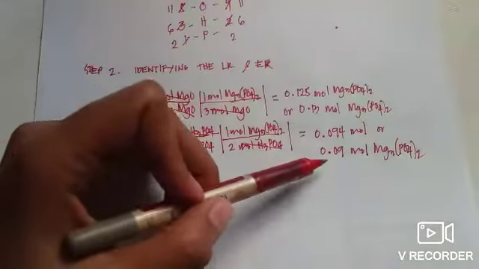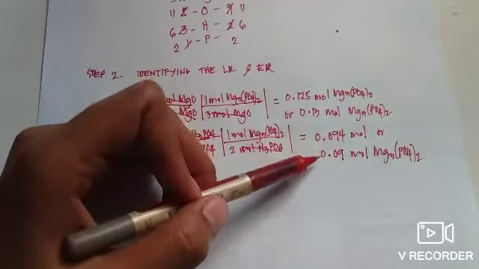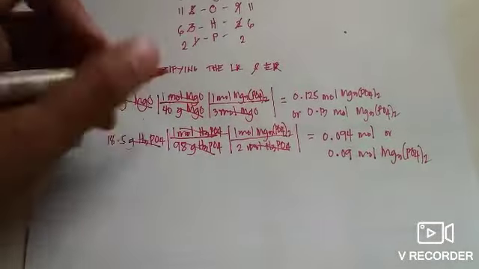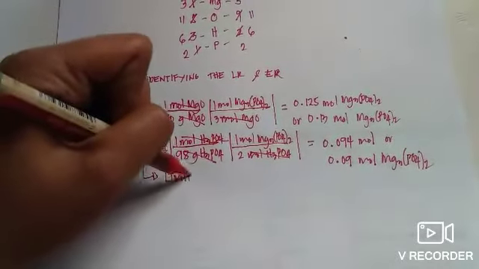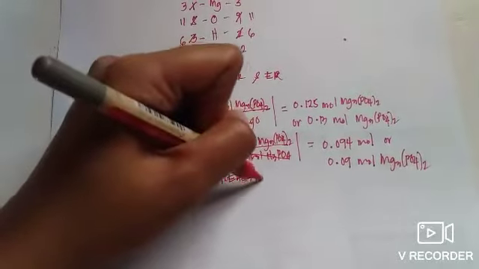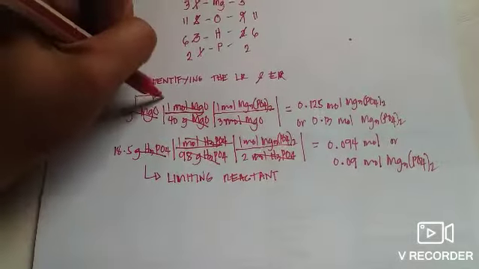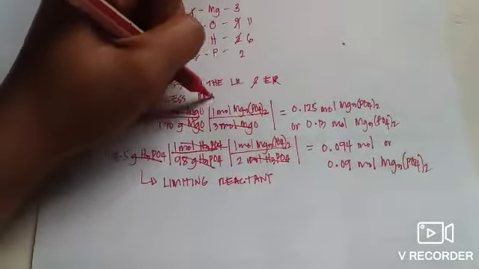Since 0.094 is a smaller value than 0.125, therefore H3PO4 is our limiting reactant. Then MgO is our excess reactant.